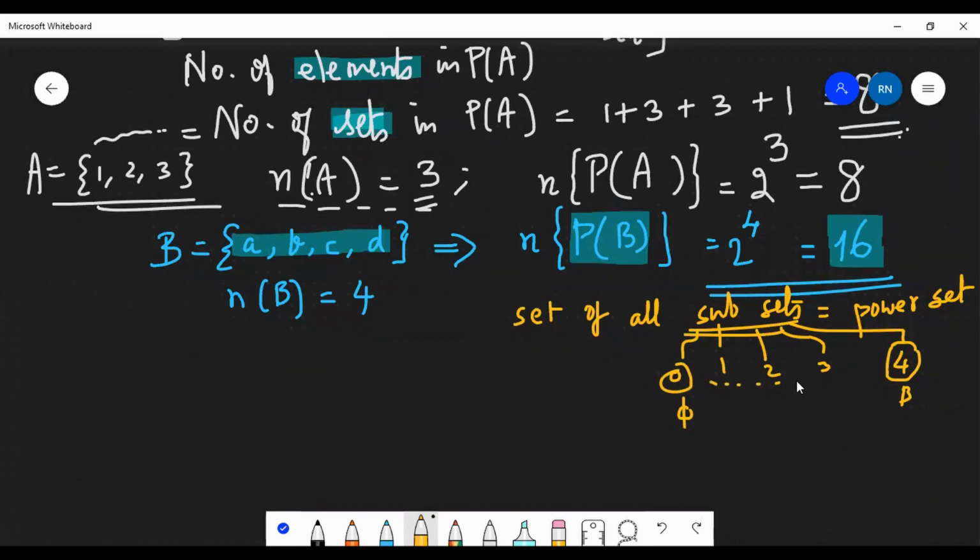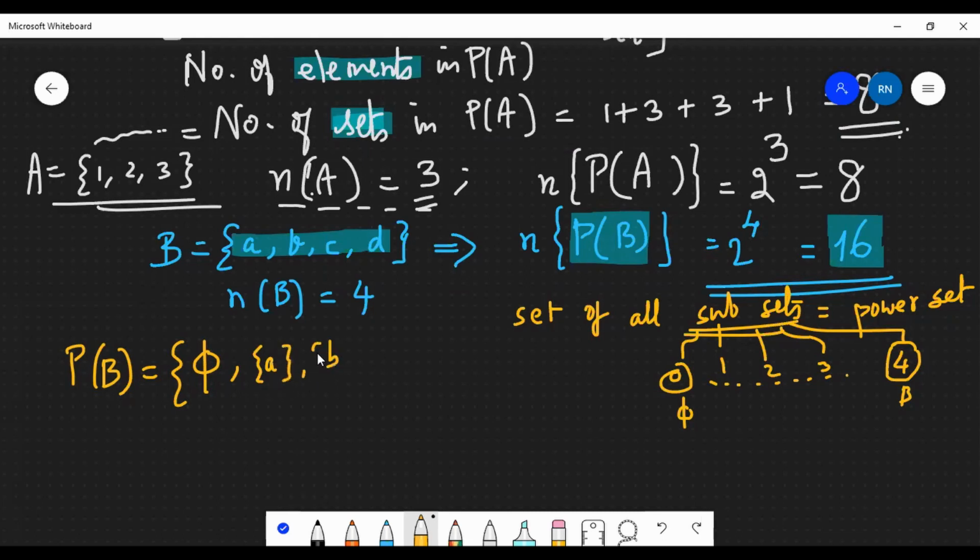If you want to make a listing of the power set of B, singletons are easy: A alone can be made a set, B alone, C alone, similarly D alone.